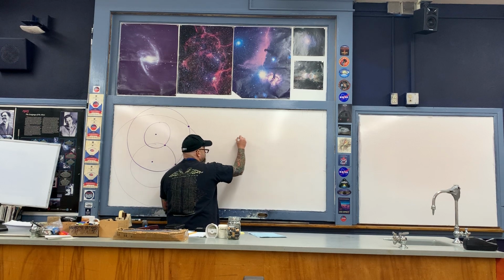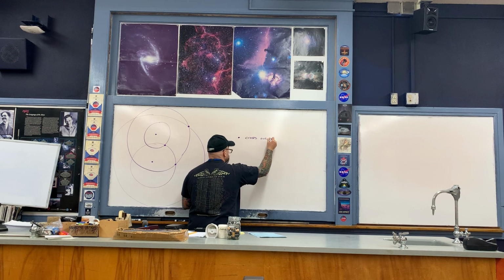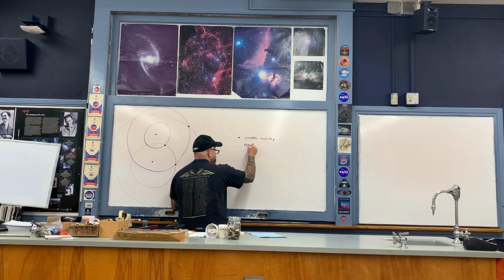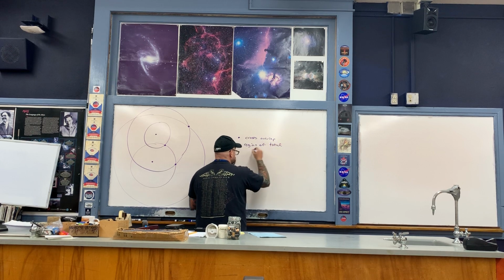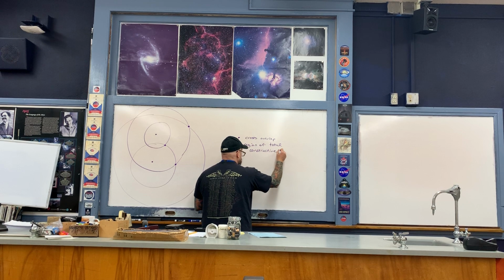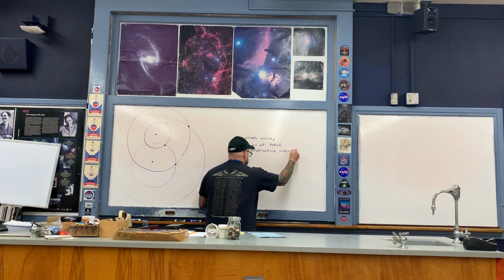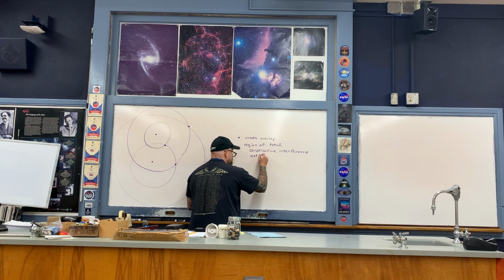So these purple dots right here, these are where we have crests overlap. This is, as we say, a region of total constructive interference. And those points there are referred to as antinodes.